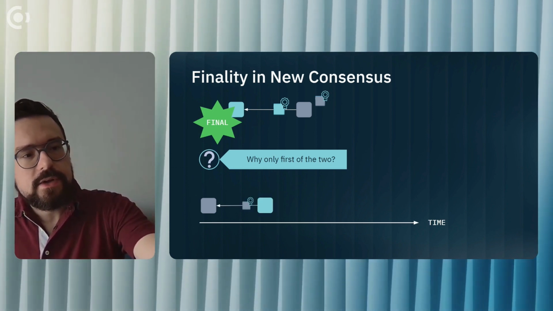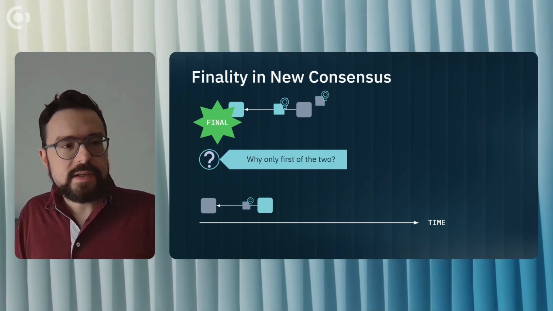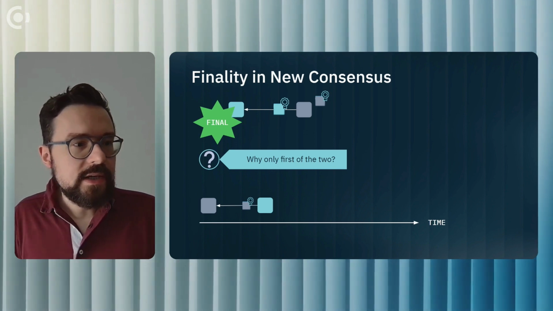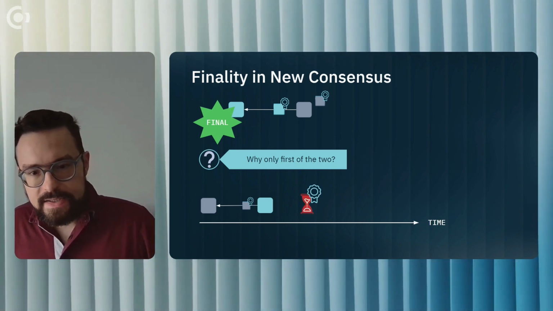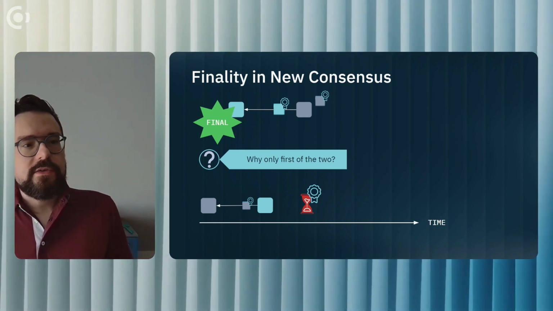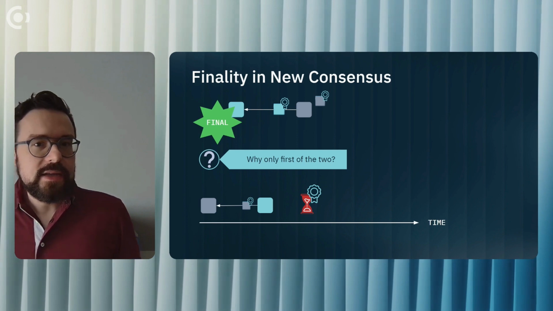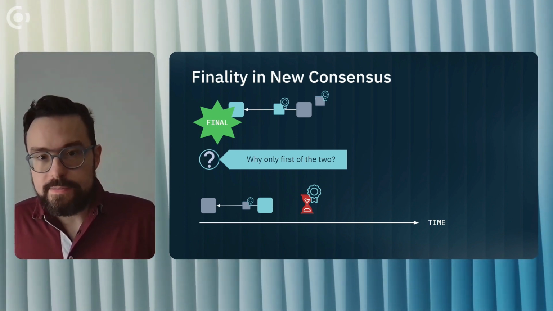You can look at this scenario where we have here one block, and then there's this light blue block coming that extends the previous block regularly with a quorum certificate. But then basically 10 seconds and you don't get a quorum certificate on that block, right? In that case, the validators will sign this timeout message and you get a timeout certificate.